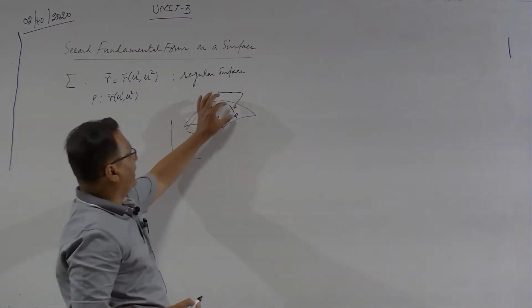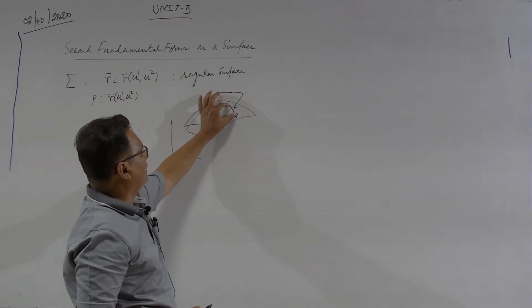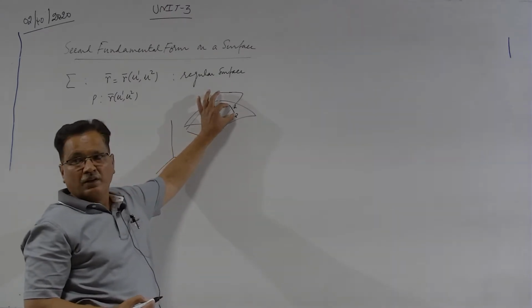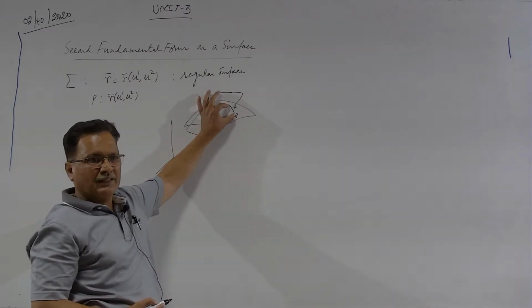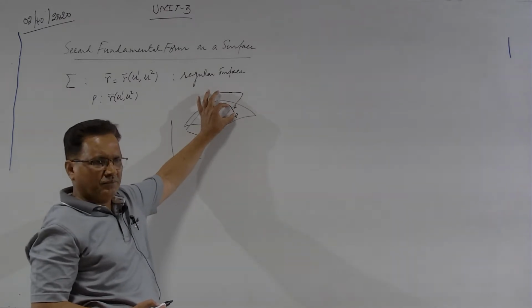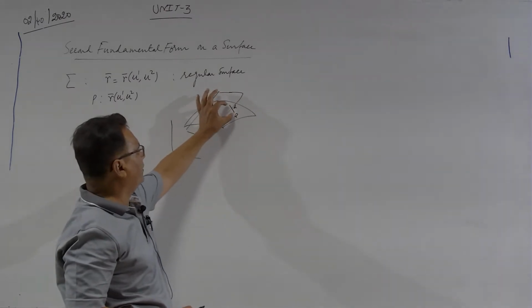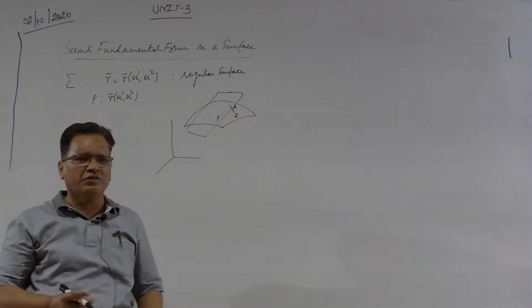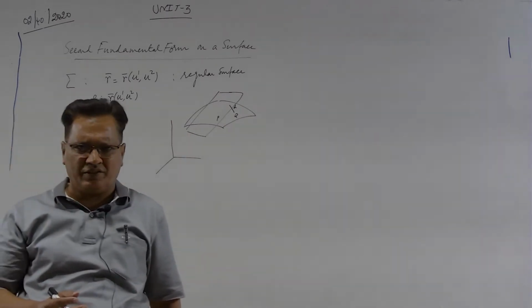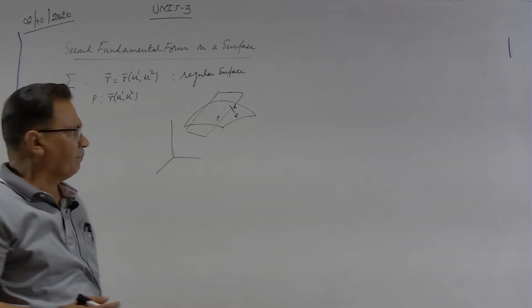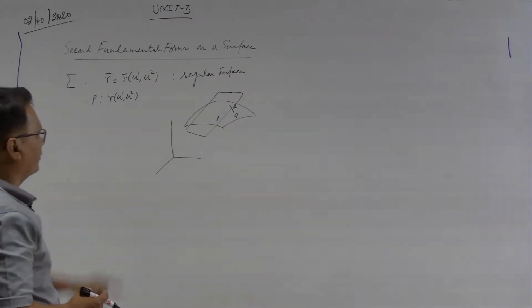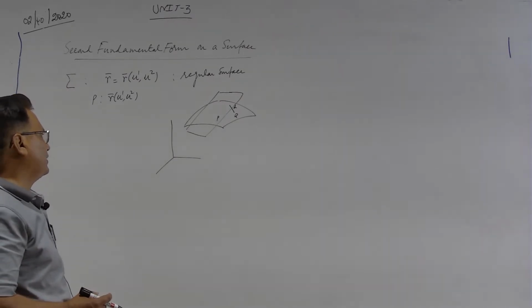Now, if the bentness here is more, this distance will be more. If this distance is small, the bentness will be smaller. So, in fact, the measure of this distance will give you the idea of the bentness of the surface around the point P. Now, how to get hold of this distance d?